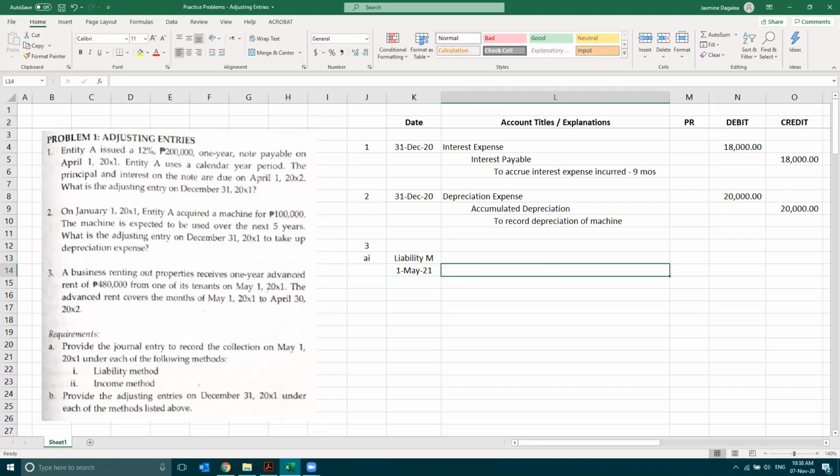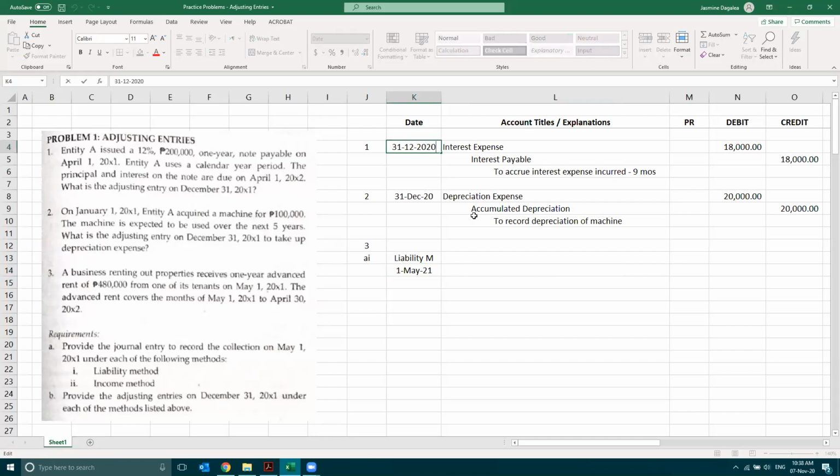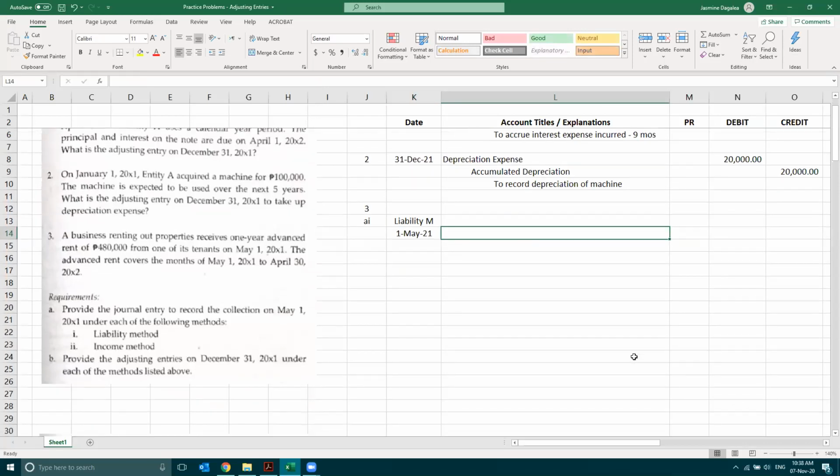Under liability method, you record the initial entry when the rent was received. What is your initial entry? Under deferral, unearned income.